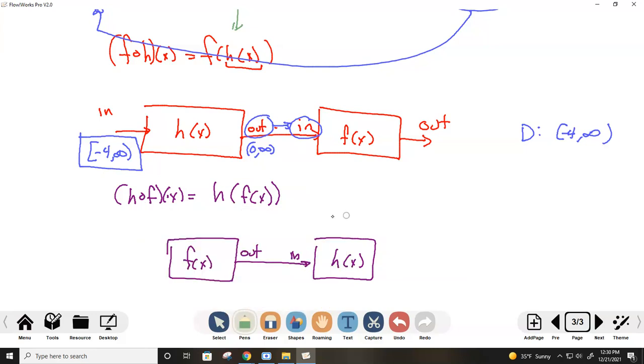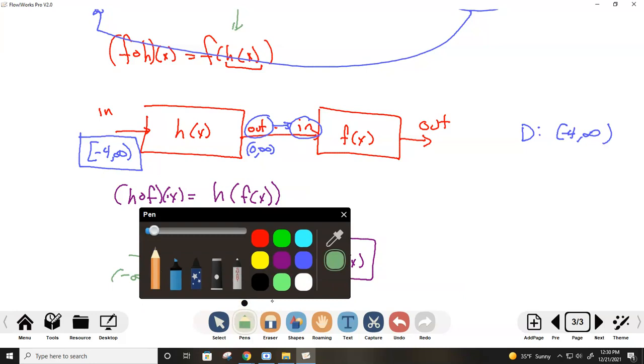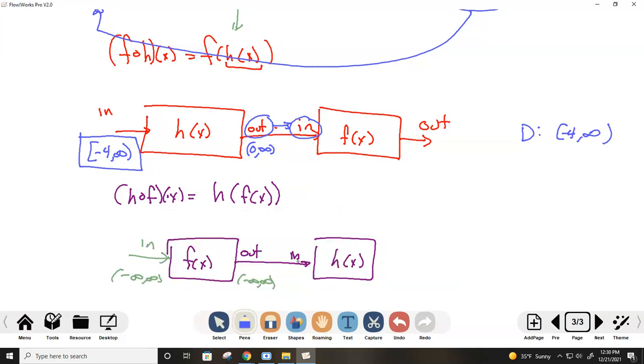If I go back and I remember, this function is defined for all real numbers. It gives out all real numbers. This function here is only defined if x is greater than or equal to negative 4. And it's going to give me out a non-negative number.